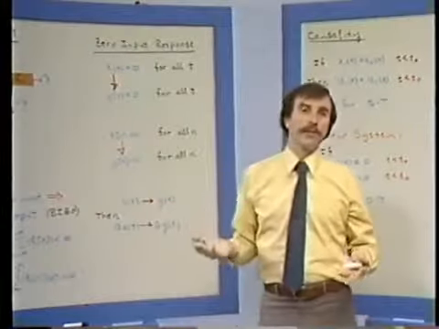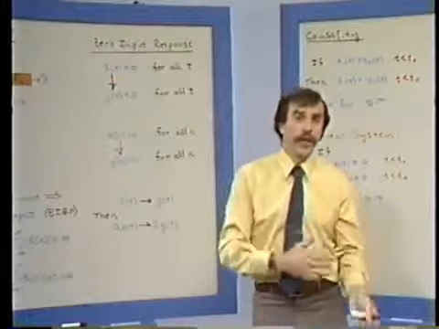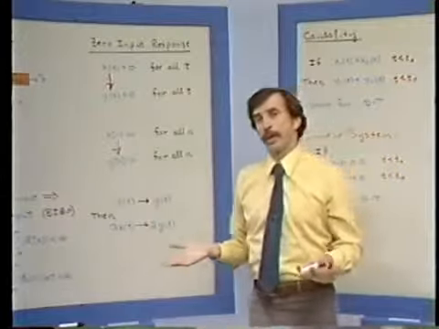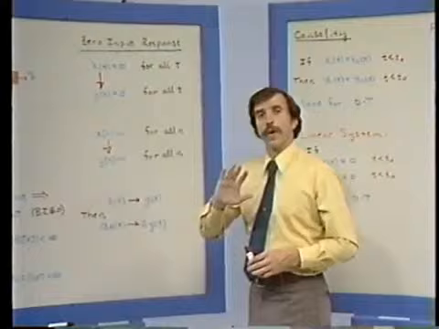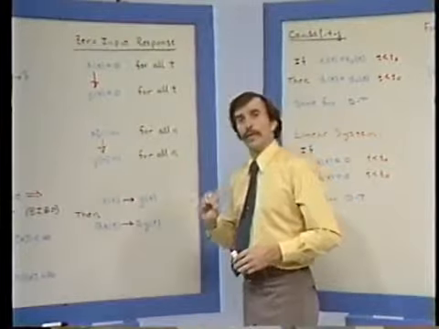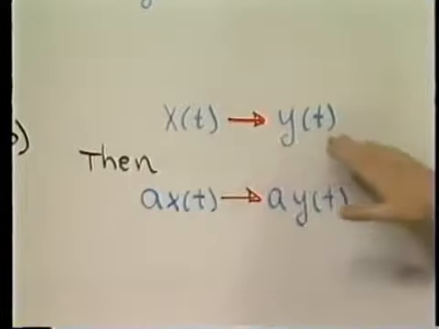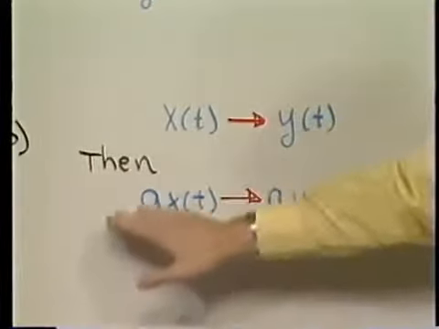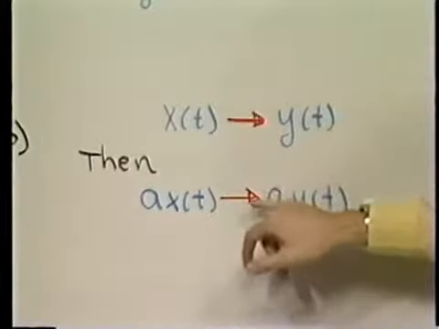We could do it by using convolution, associated with linearity and time invariance. But we can show it relatively easily by simply using the fact that for a linear system, if we have an input x of t with an output y of t, then if we scale the input, the output scales accordingly.